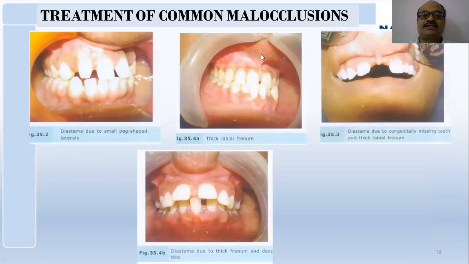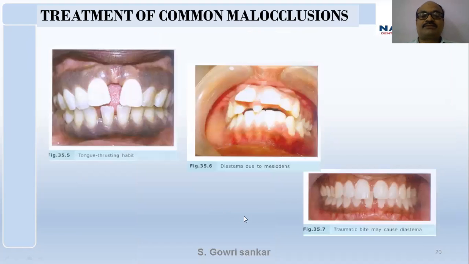And pathological conditions like a thick labial frenum sometimes prevent the approximation of the two central incisors. There opens up a space. And diastema due to congenitally missing teeth or extracted teeth, sometimes a midline diastema opens up in the middle. Sometimes a pathological factor, a mesiodens, or a supernumerary tooth present in between the two permanent central incisors, may give rise to a midline diastema.